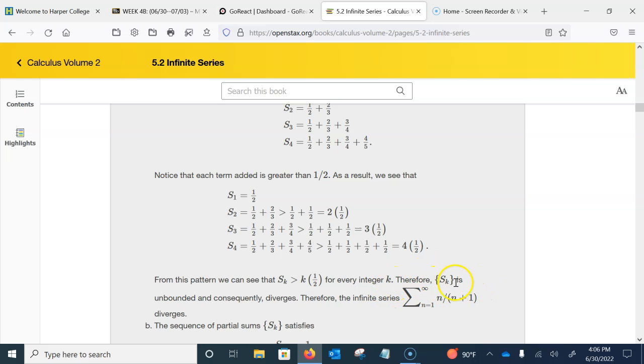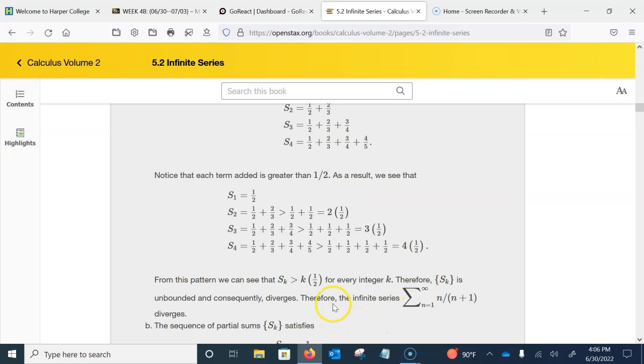Therefore, this sequence of partial sums is unbounded. Because S sub 2, S sub 3, this is an increasing sequence. And so if it's increasing, and it's unbounded.